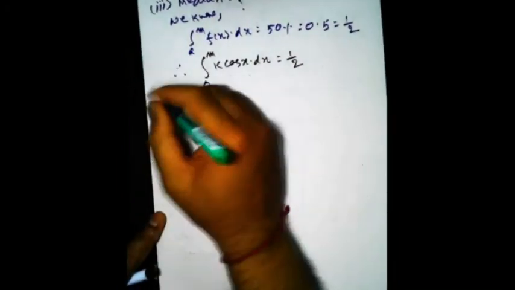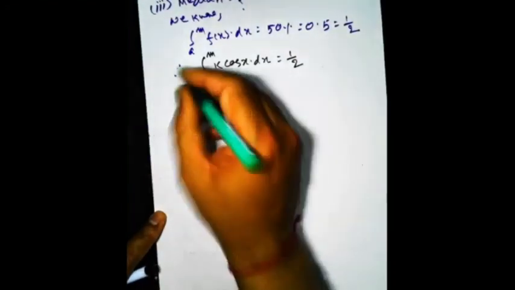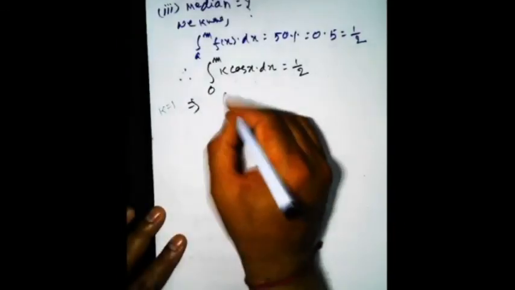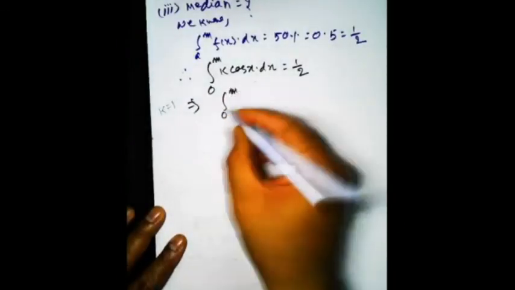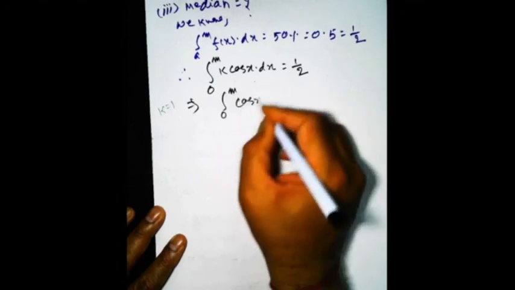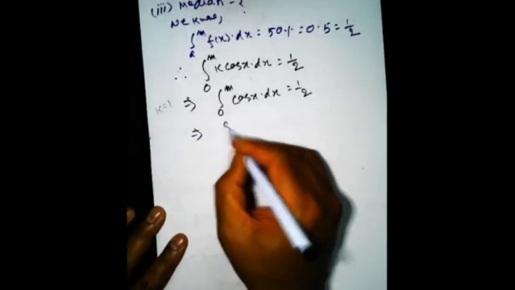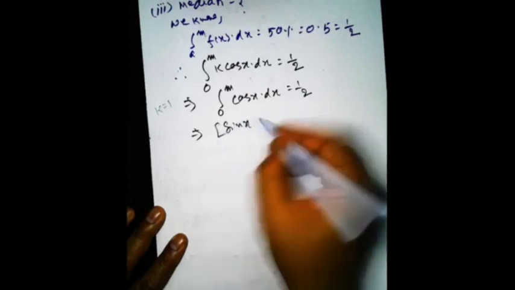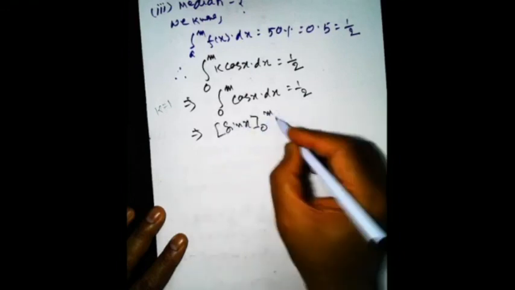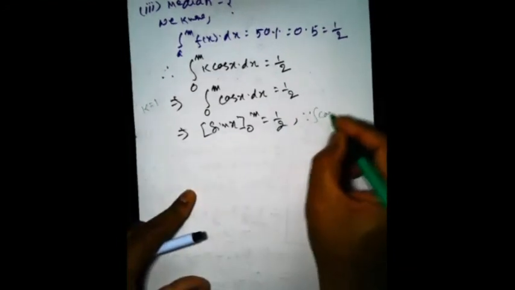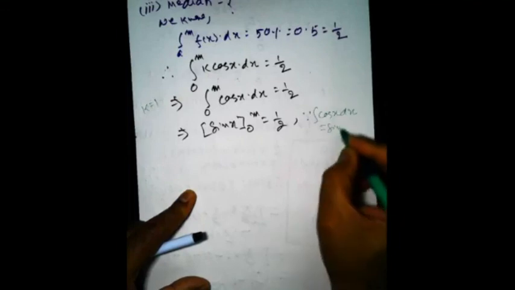We have already seen in question number 1, the first part of this question, that k equals 1, so you are left with the integral from 0 to m of cos x dx equals half. The integration of cos x is sin x, from 0 to m, equals half.